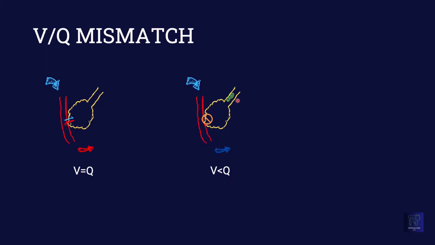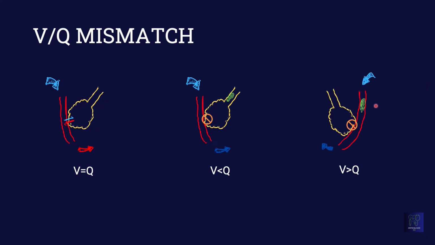In this example, there is a problem with the airways. Let's say there is mucus or bronchospasm, or for any reason there's a problem with the airways impairing the gas that's entering and leaving this alveolus. So here ventilation is compromised, perfusion is okay, but due to that mismatch there is impaired gas exchange.